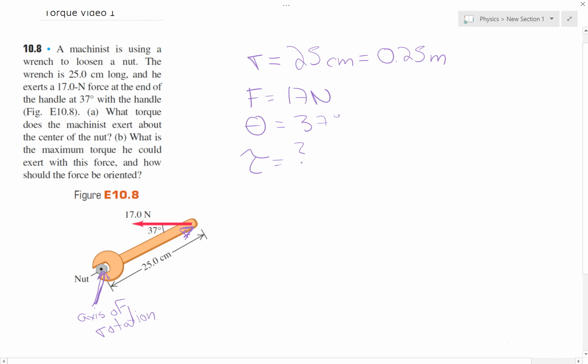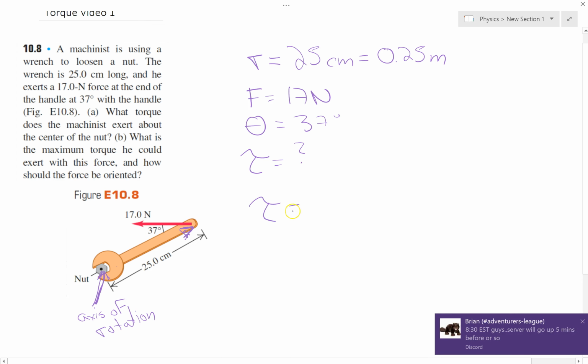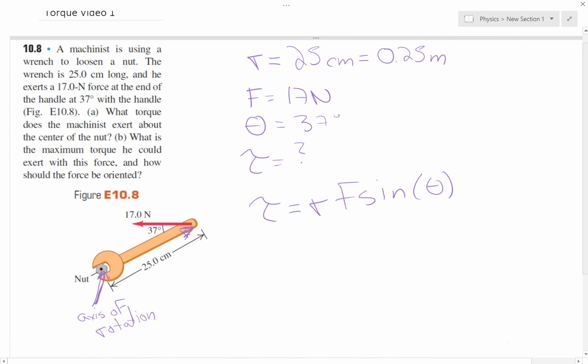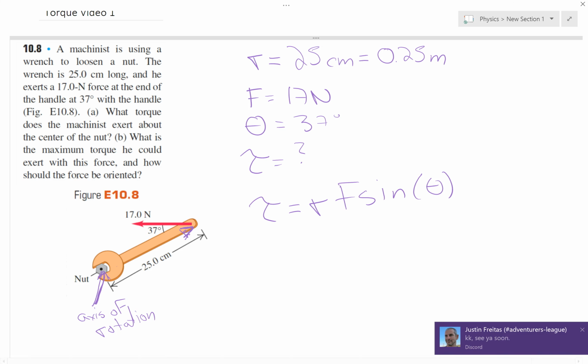All right, I've listed my variables. I'm going to write out my formula. Tau equals RF sine theta, and I'm just going to fill out my equation.